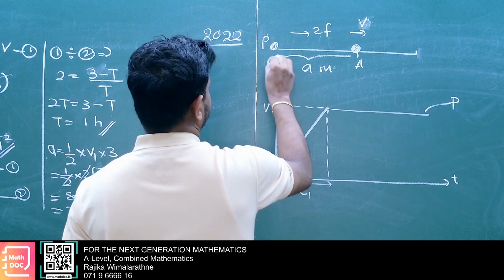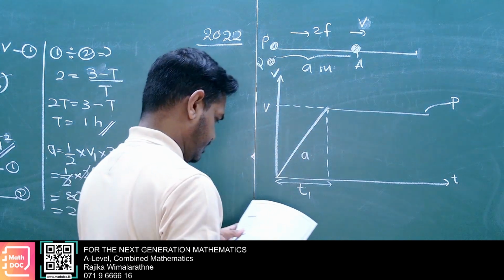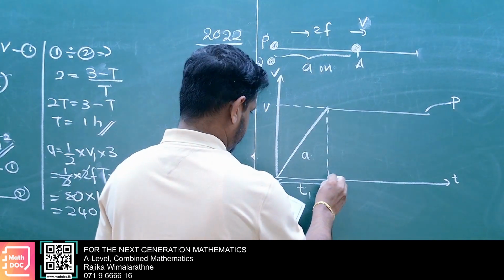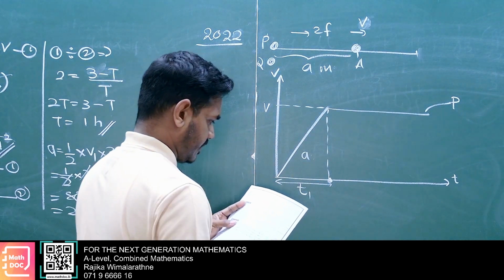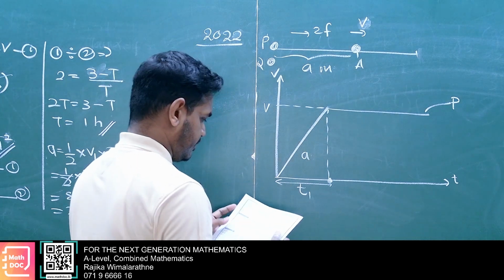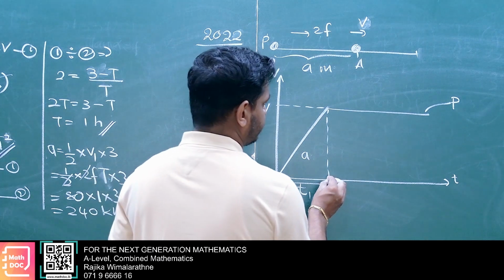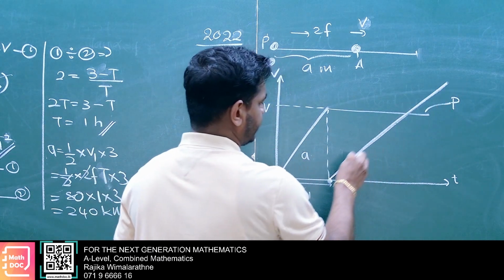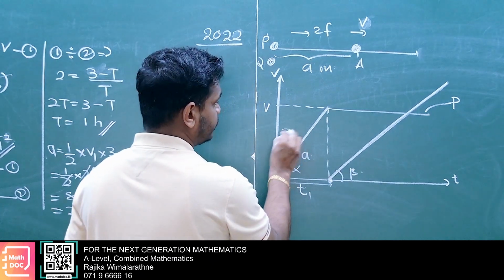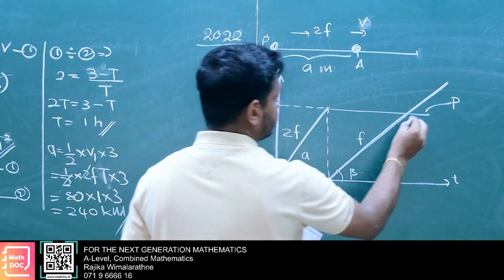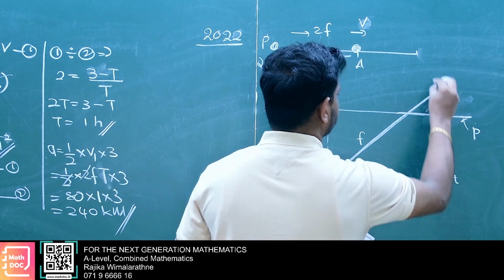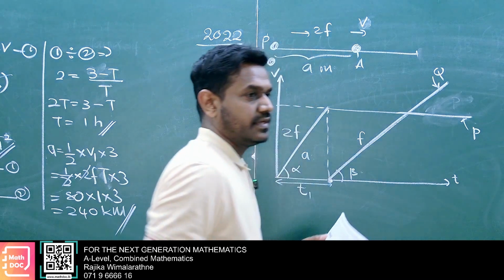Now Q is here, and it moves with constant acceleration F. Here you show angle alpha and angle beta: here acceleration 2F, here acceleration F.